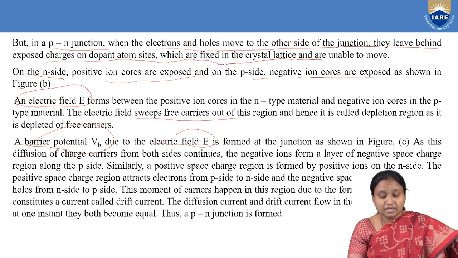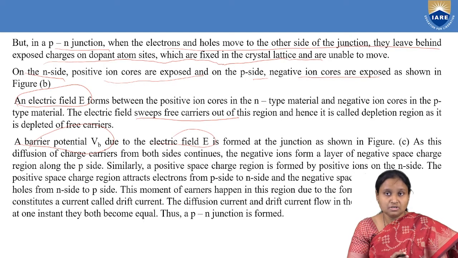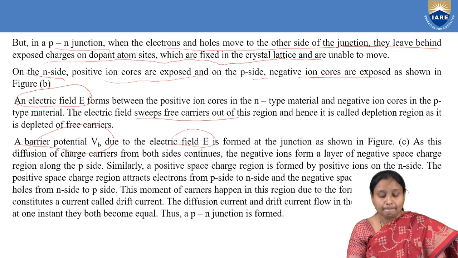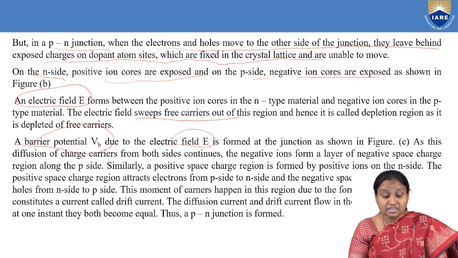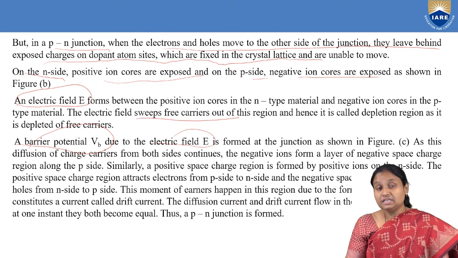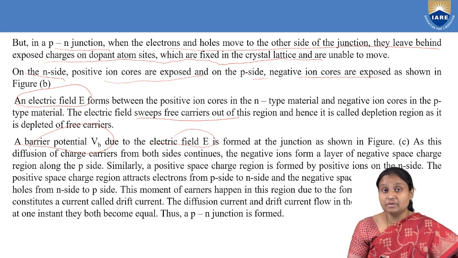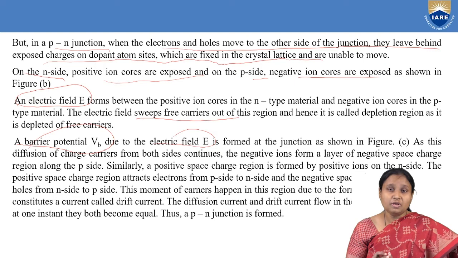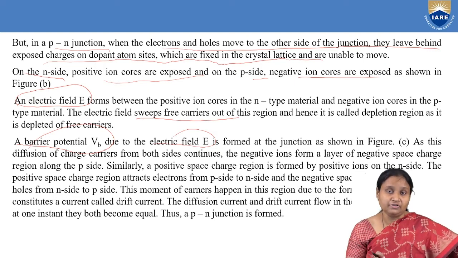Once this electric field is formed, after the diffusion process has taken place and there is formation of the potential barrier and depletion layer, there is one more phenomenon which comes into effect, called drifting. So, drifting of charge carriers.